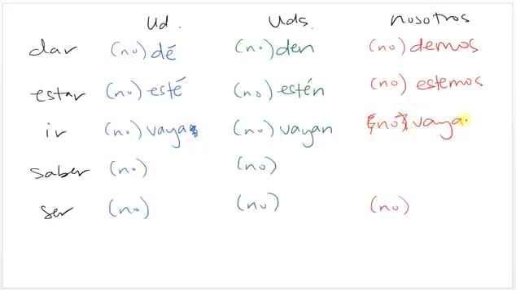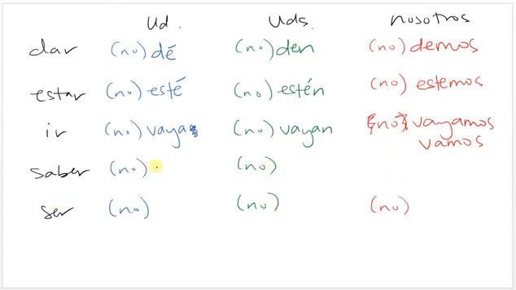No vayamos, right? So vaya, vayan, vayamos. The positive command is actually just vamos, like let's go. So if you ever watch Dora the Explorer and she says, come on, vámonos, that's part of vamos, let's go. So this is the only one that's different in the positive and negative. Otherwise, they're always going to be the same, positive and negative.